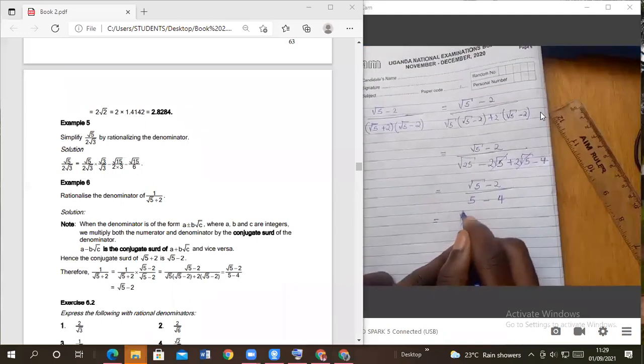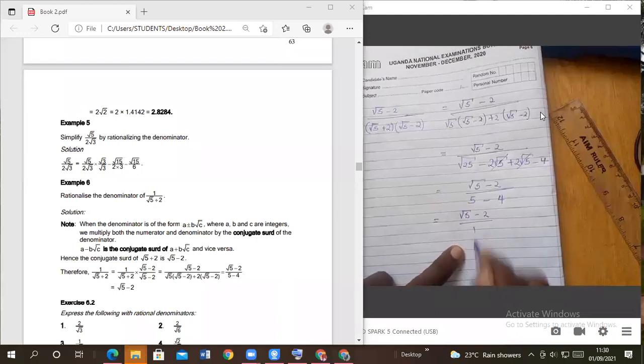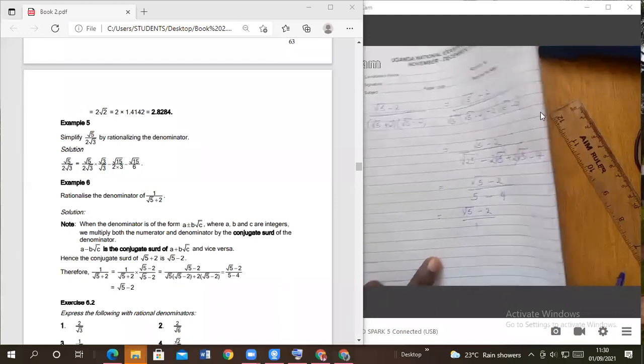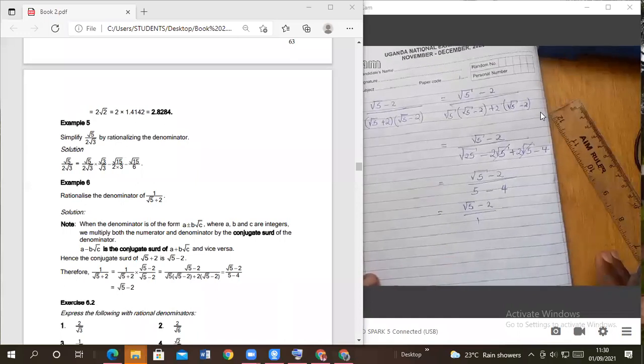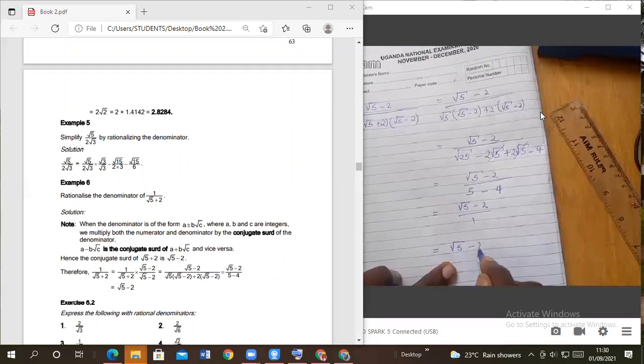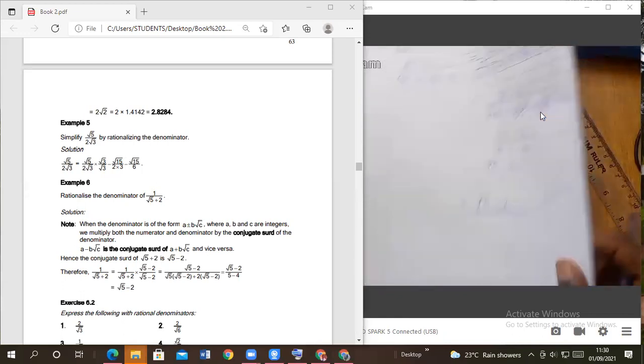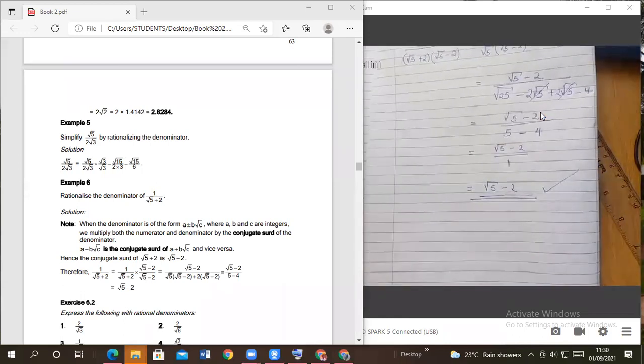So we shall have root of 5 minus 2 over 1. Any number divided by 1 is that number, not so? So our final answer will be root of 5 minus 2. As simple as that.